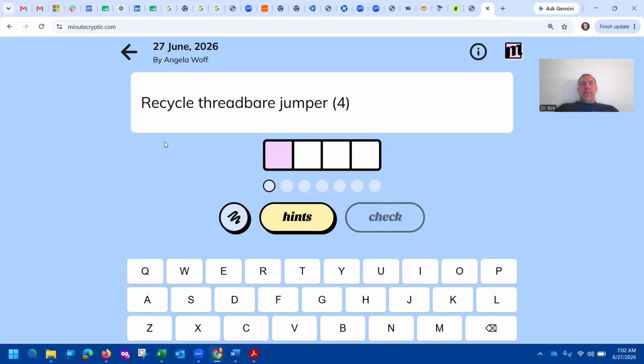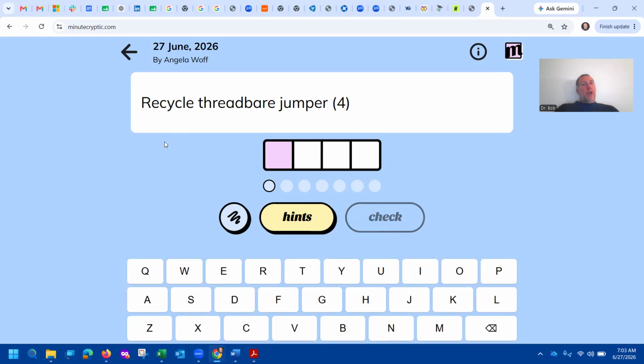It means I'm fearful I'm missing something here. Jump. What are the things that jump?